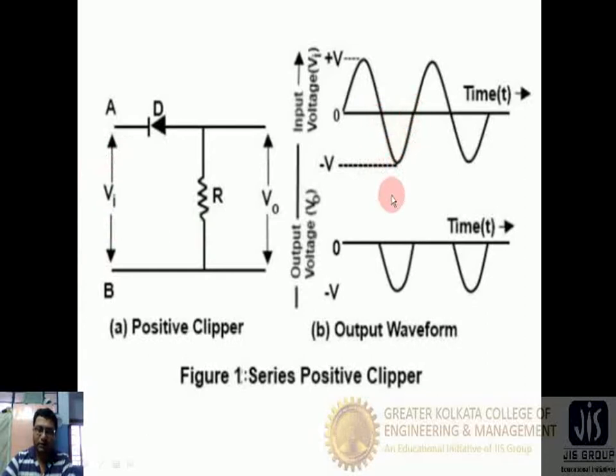There will be a little voltage drop, but the output voltage is almost the same and in phase with the input, and we get a negative output. So this is the positive clipper. Positive means we get the same output as the input. So this is the positive clipper circuit example.